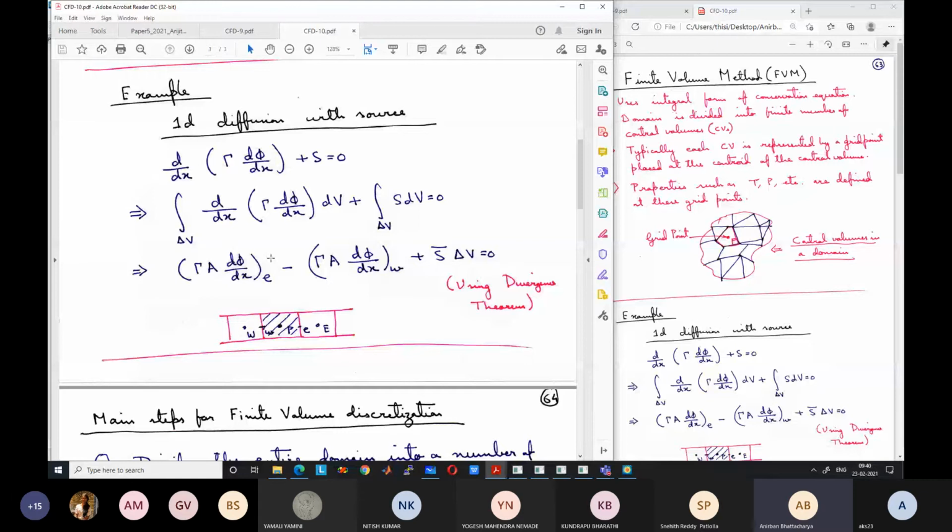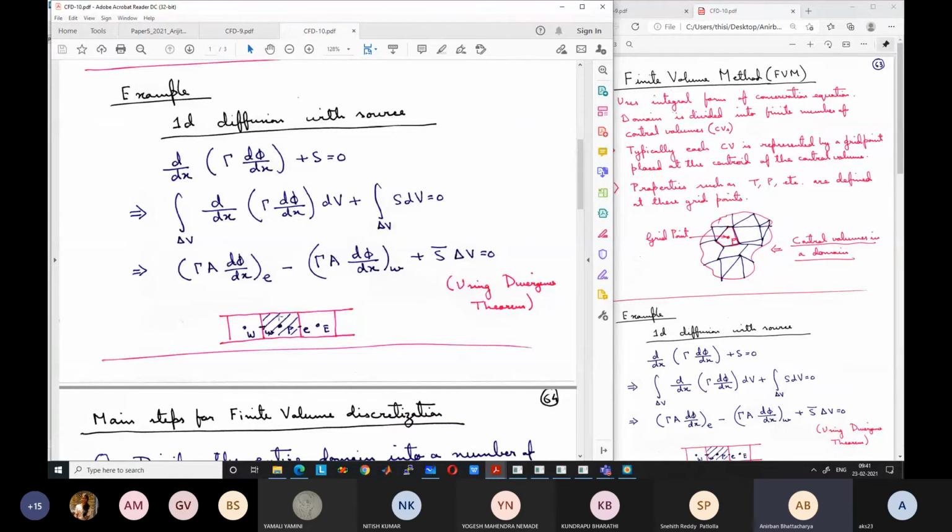Although it is not clear from this example, this important step of integrating the differential equation over the entire control volume ensures that the conservation of the property occurs over the entire control volume. Because conservation of a property, like conservation of energy or momentum, occurs for each control volume, it also occurs for the overall domain.